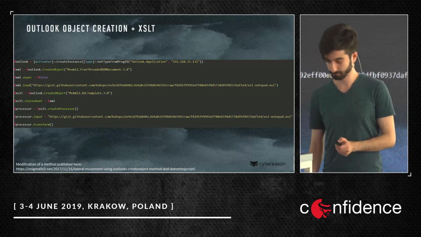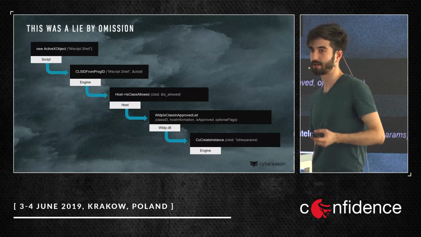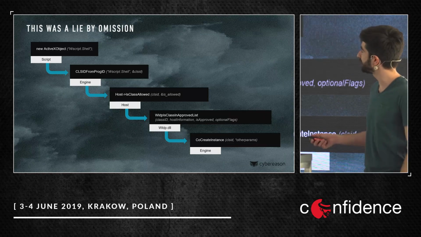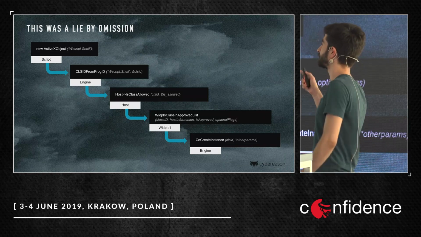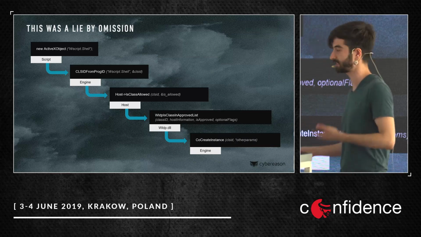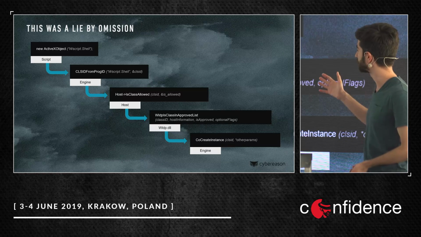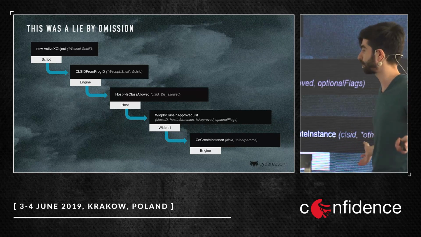All right. So when I showed you this graph, there was a small lie by omission. We always see that the script calls something, and then class ID from prog ID is called from the engine, etc. And then the host as class allowed is called. Almost all of these arrows are actually just imports.